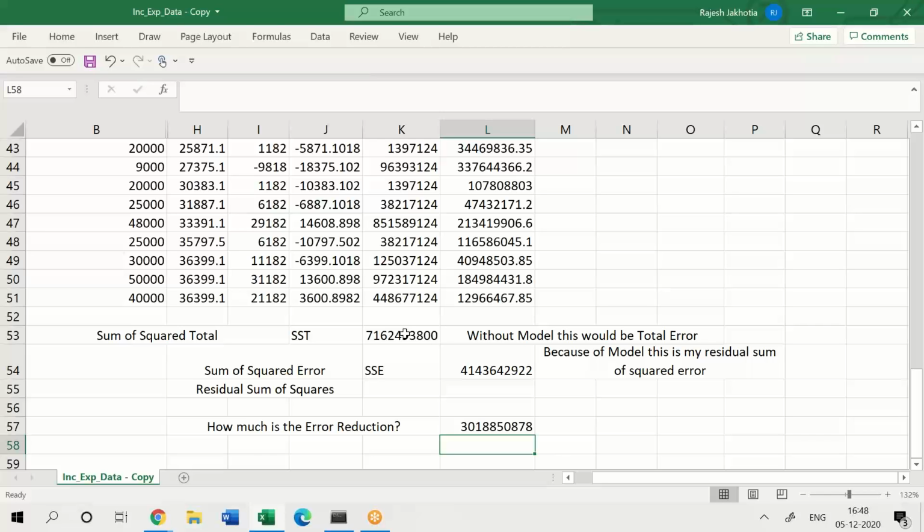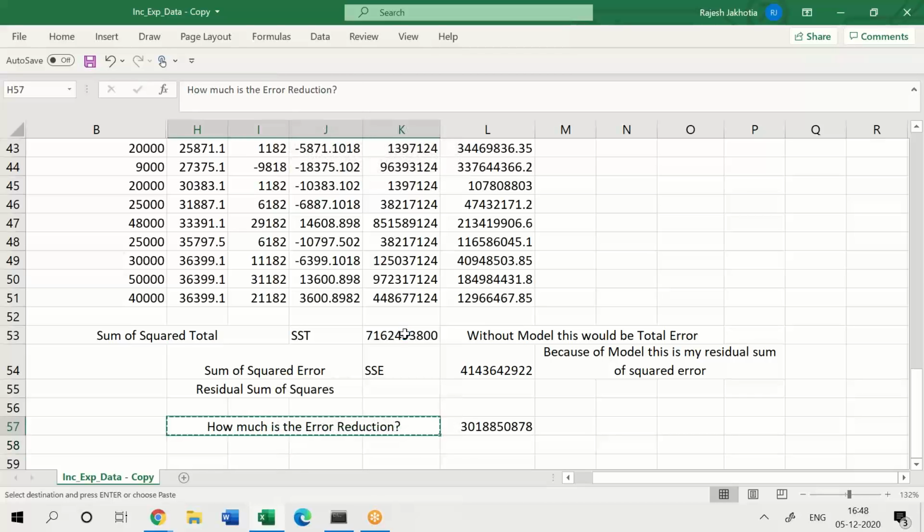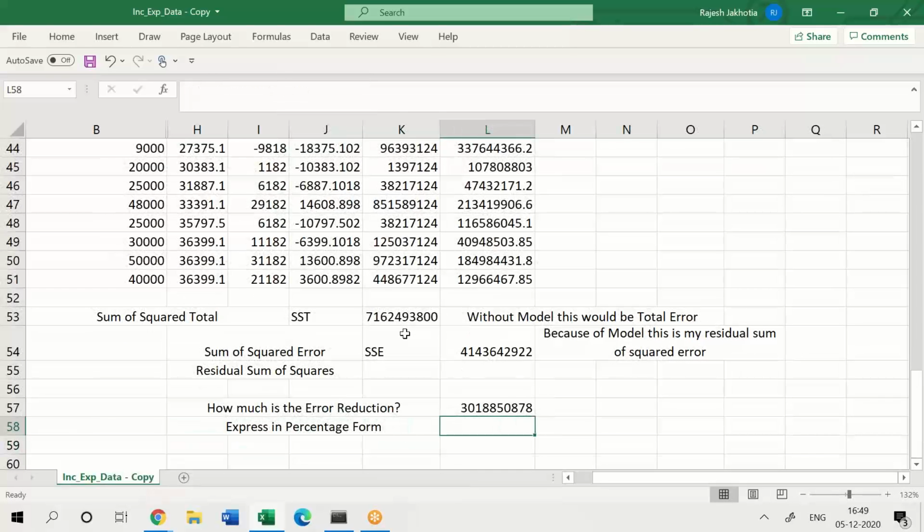So how much percentage have I reduced? Express in percentage form. If I express it in percentage form, this number divided by this number, it is 0.421.